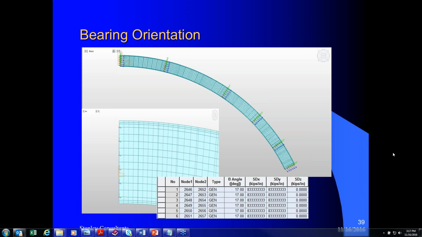I think the main reason it's done that way is that we do not know exactly how the contractor is going to erect the girders. So without that knowledge, it is very difficult to analyze for stability and erection staging.